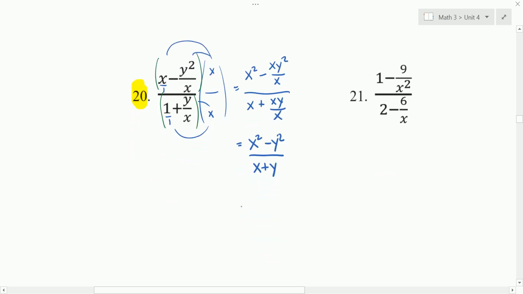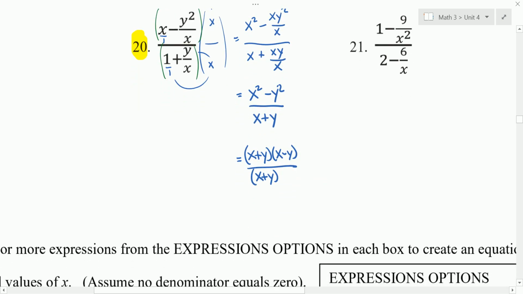We can factor x squared minus y squared to x plus y times x minus y, and the denominator is still x plus y. And then we can reduce by dividing the top and bottom of the fraction by x plus y, and you end up with x minus y all over 1, but we'll just leave that as x minus y.